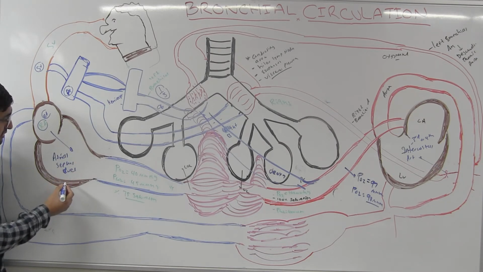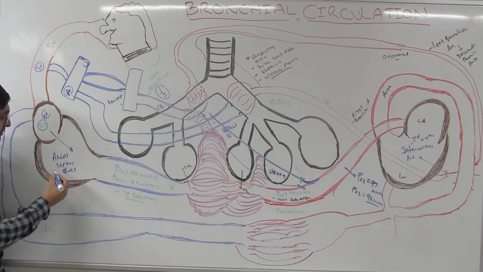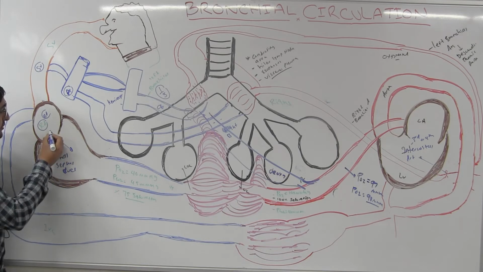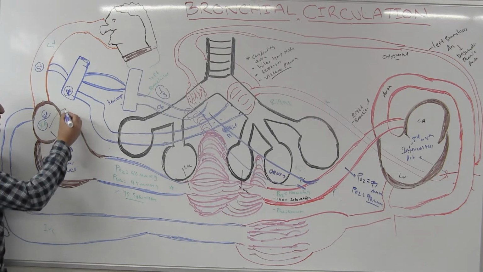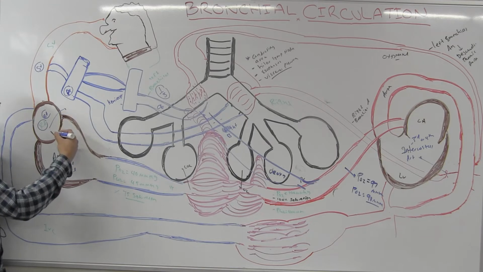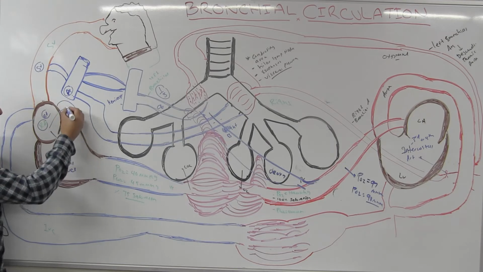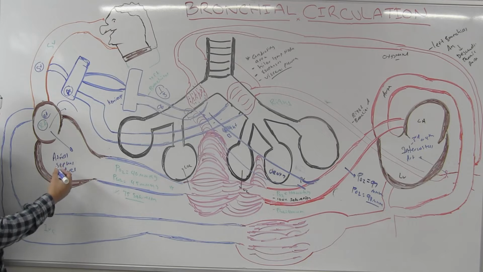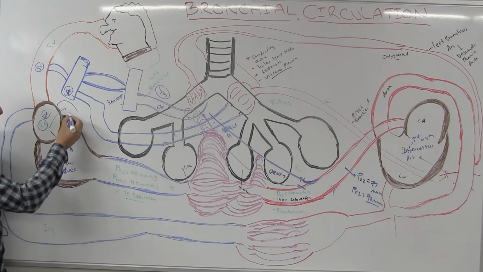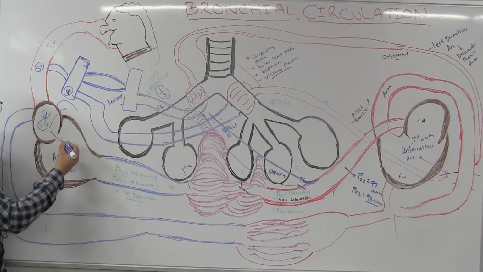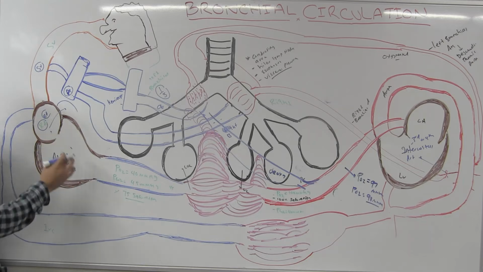But if you have atrial septal defects, it can go from the right atrium to the left atrium, right? And then it can mix with the left atrium, let's say this is my left atrium, and that is oxygenated blood, and that can bring the oxygen down. That is called anatomical shunting, okay?